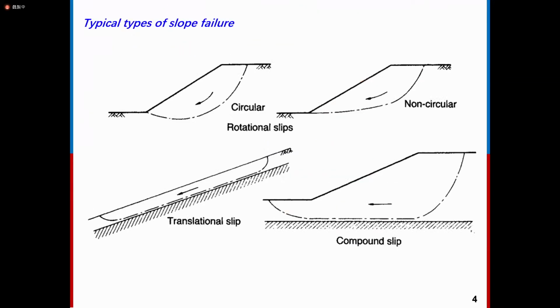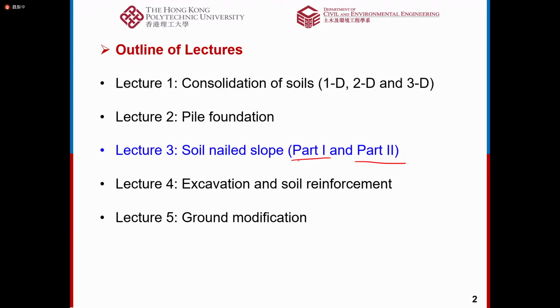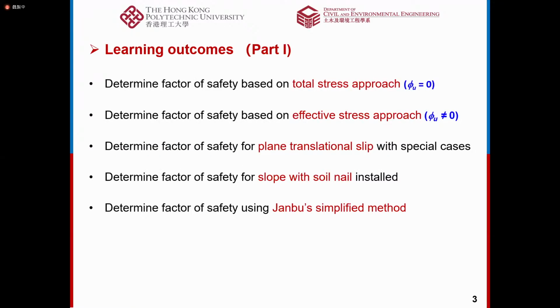So in this lecture, the learning outcome for part 1 is to determine the factor of safety. All of them are factor of safety. For the slope, this is actually the most important concept. Based on the total stress approach, phi is equal to 0.